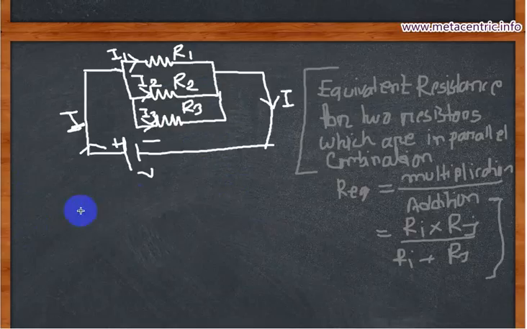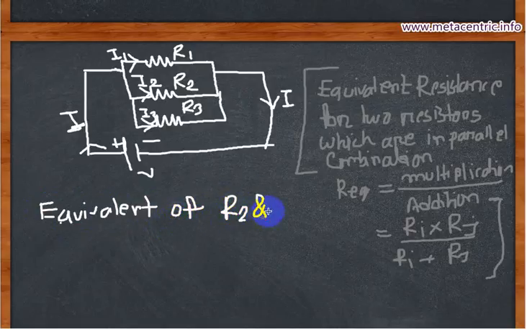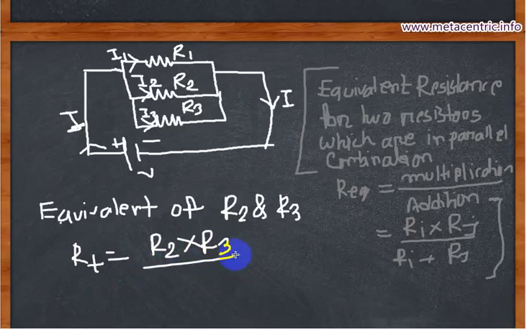First of all, we'll calculate the equivalent resistance of R2 and R3. Let us think that this is R of A, no, sorry, I can write RT. RT means R total. So this is RT, that is the multiplication of R2 and R3 divided by the addition R2 plus R3.